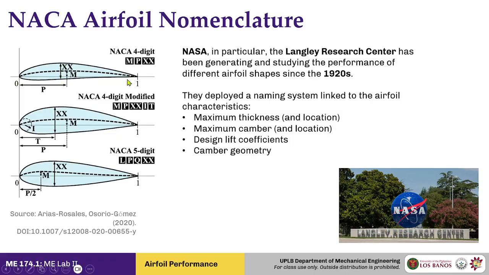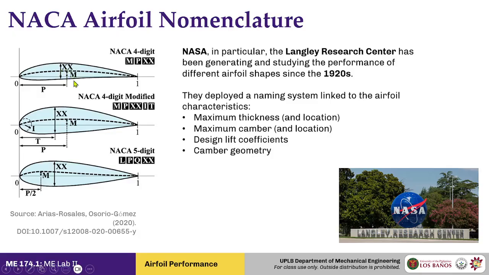Now the first two digits refer to the maximum camber. So if I say NACA 0012, I'm saying that it has a camber of 0. Essentially, it is symmetric. Now I say 4412, the first digit is the actual maximum camber. So 4412 has a maximum camber of 4%.